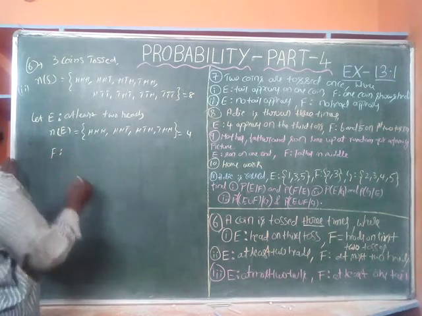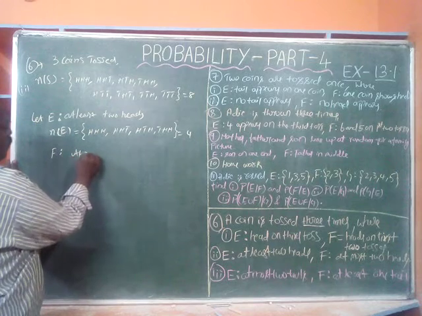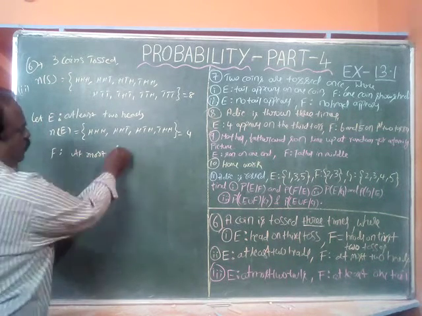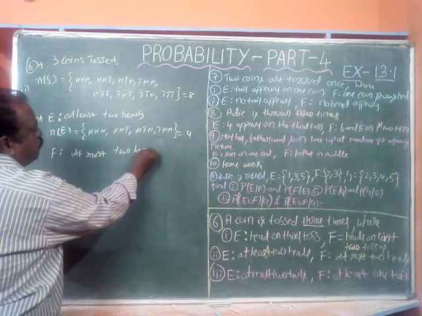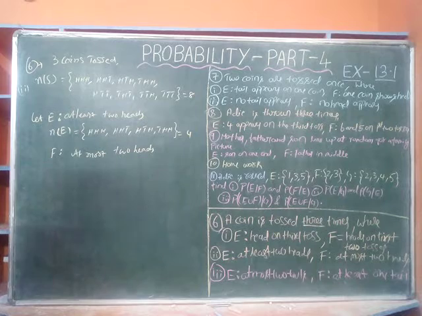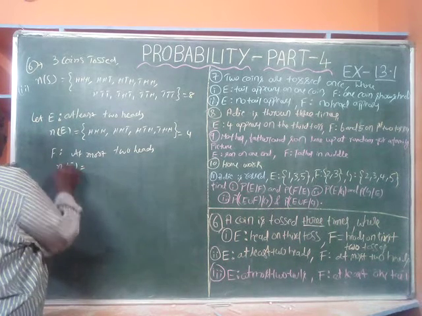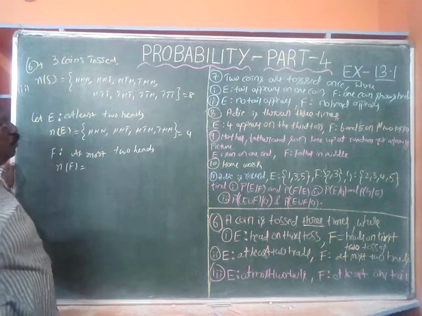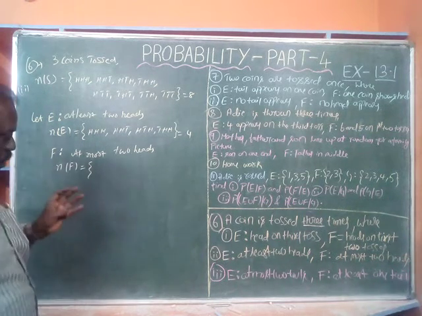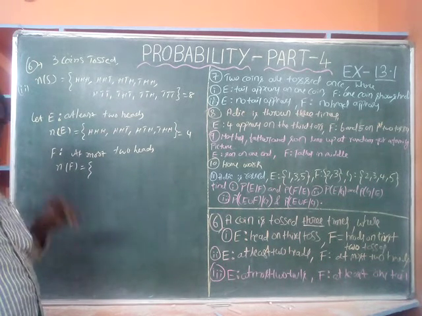And what is F? F is at most two heads. N of F, at most two heads, means 0 heads, 1 head, or 2 heads, not 3 heads.